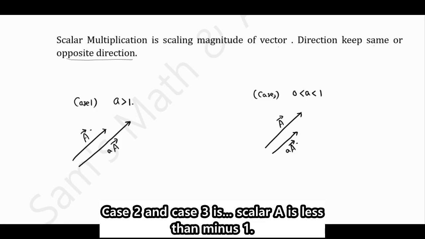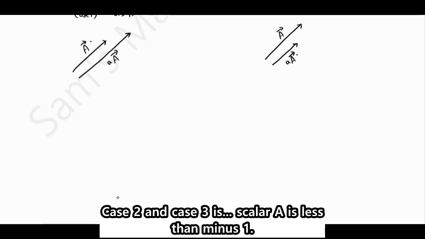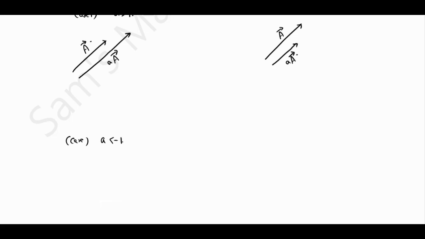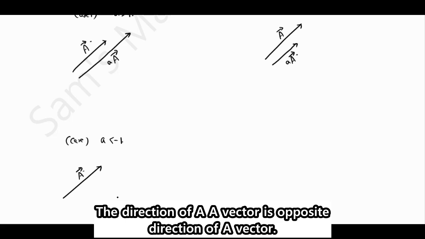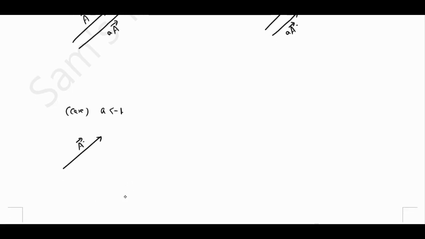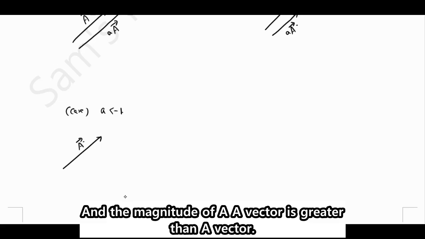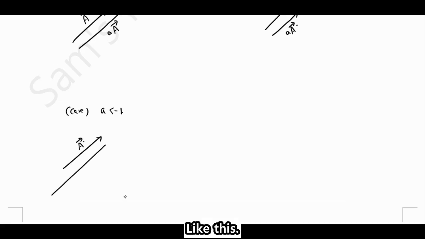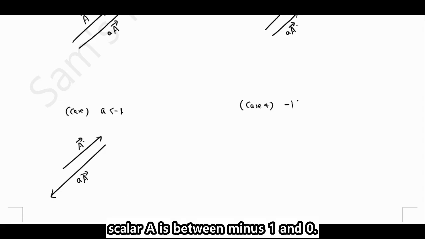Case 3 is scalar a is less than -1. We have A vector. The direction of aA vector is opposite to A vector, and the magnitude of aA vector is greater than A vector, like this. This is aA vector. Case 4, scalar a is between -1 and 0.